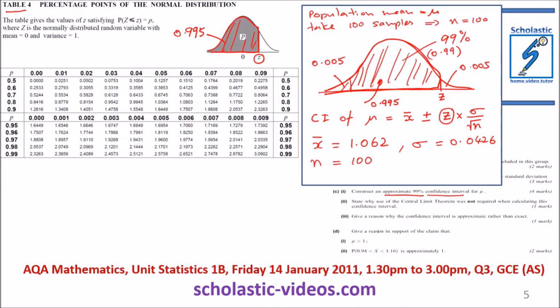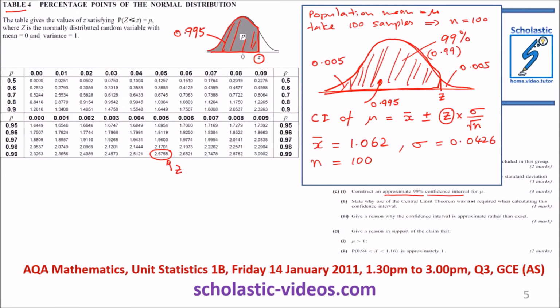That is what we need here to calculate the confidence interval for mu. So how are you going to find Z? You go to the table and then go down to the value of P, 0.995. So 0.995 is this value. That is the value of Z.